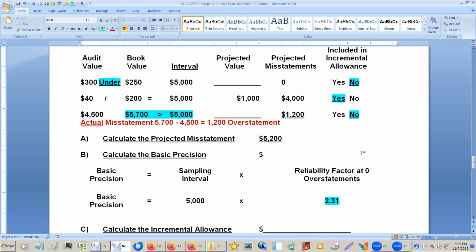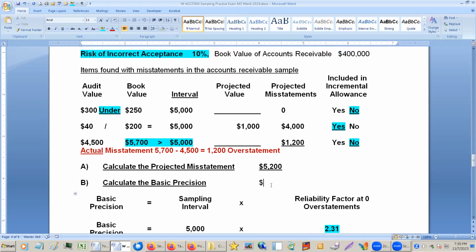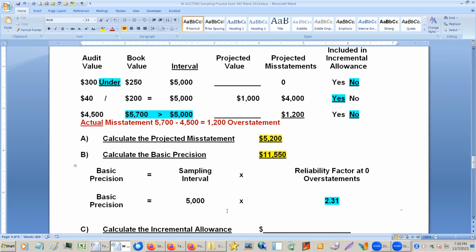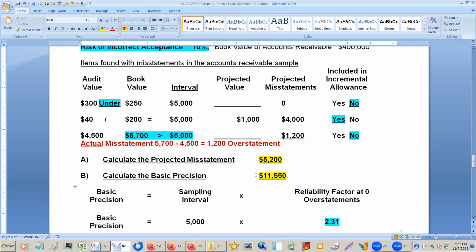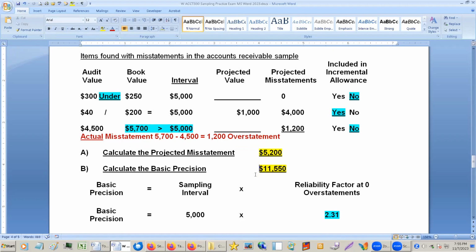It's kind of like the one we just did. 11,500. 11,550. And again, if we didn't find any misstatements, doing this test, it could be off by 11,550.